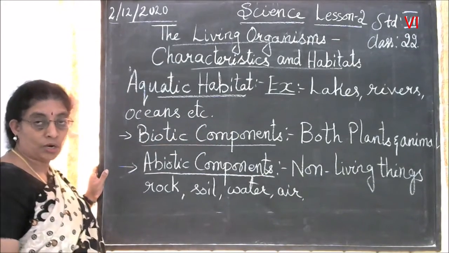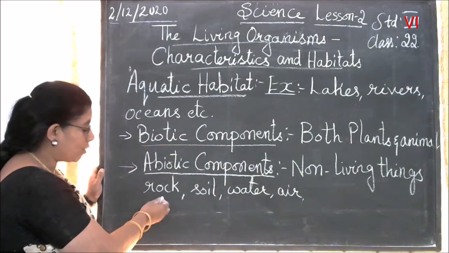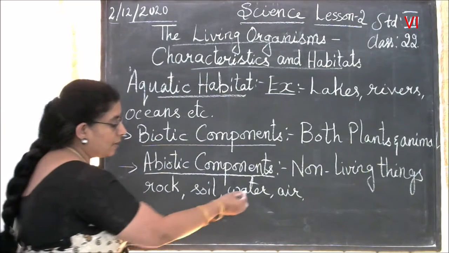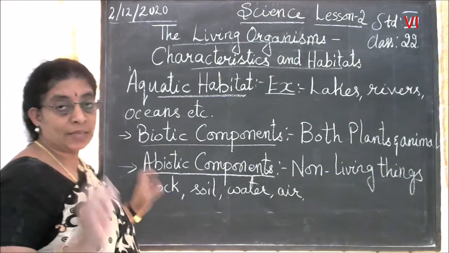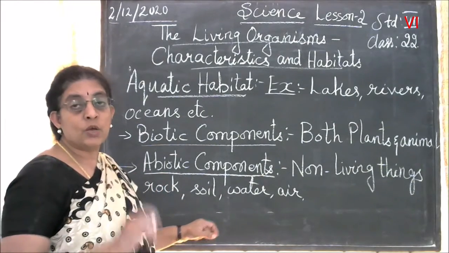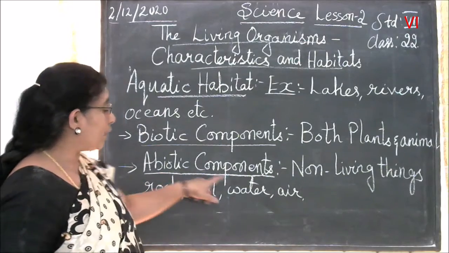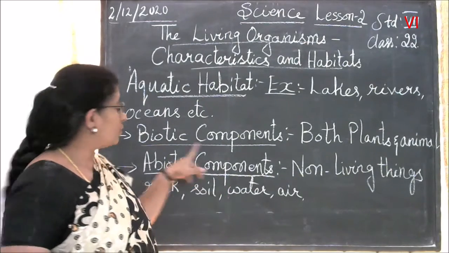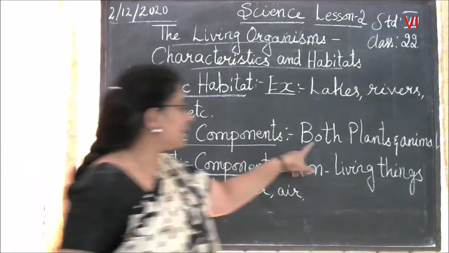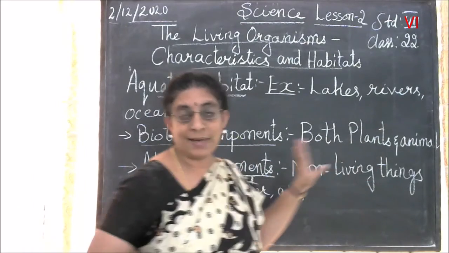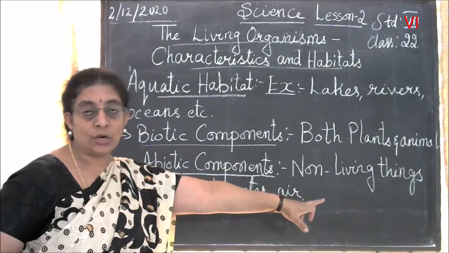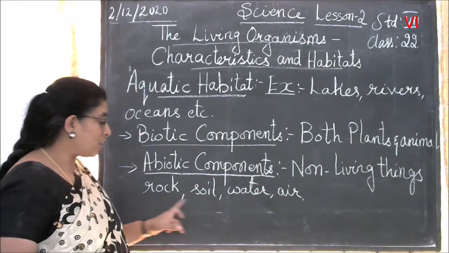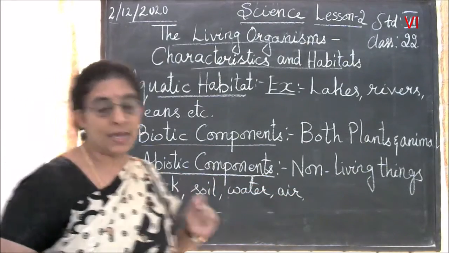The non-living things can be in the form of rock, soil, water, air. So biotic components contain the living things, both the plants and the animals, and abiotic components contain only the non-living things, that can be rock, soil, water and air.